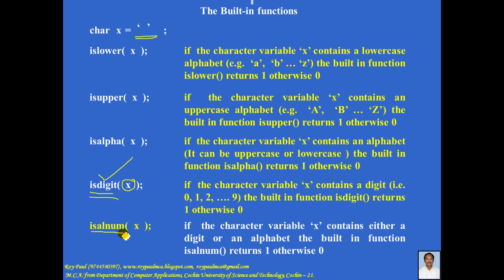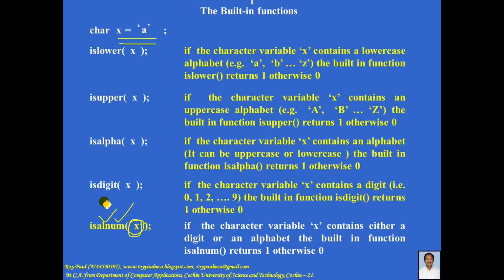Now isalnum. It is written as isalnum, but you read it as alphanumeric. So if this character variable contains either an alphabet or a digit, the function returns 1, otherwise 0. Suppose x contains capital A, the function returns 1 as the answer because capital A is an alphabet.